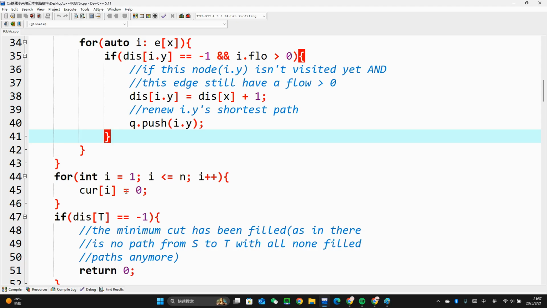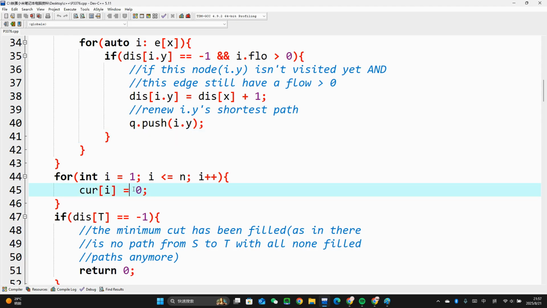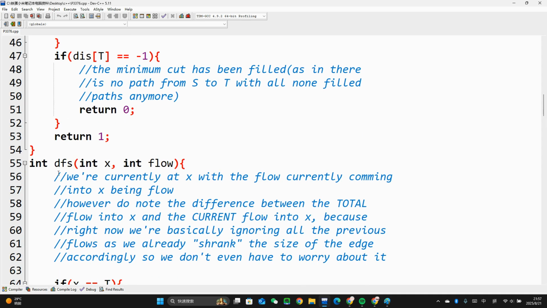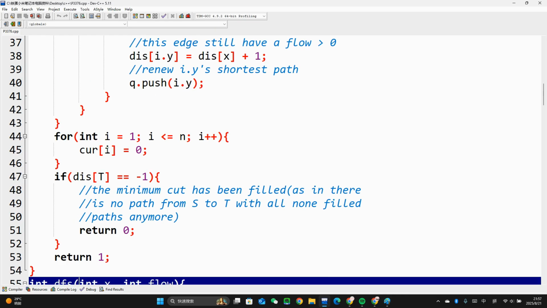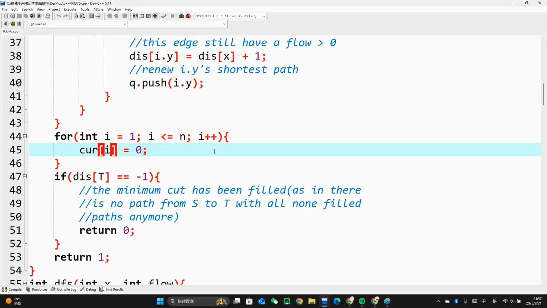Except another minor optimization is cur.I, which means currently which edge we've gotten through on I, because obviously every node is going to have a lot of outward edges, and we don't want to have to reiterate every single one of them. So say we have 10 edges, and now we're at the 5th one, and then the DFS took us to some other function. When we come back to this node, we can use the cur to make sure we don't go through the edges that we've already been through.